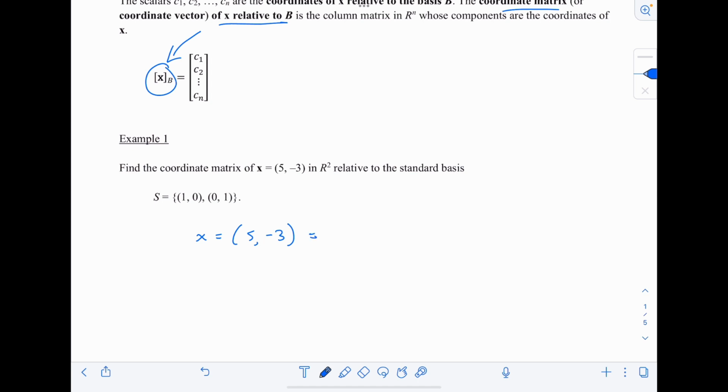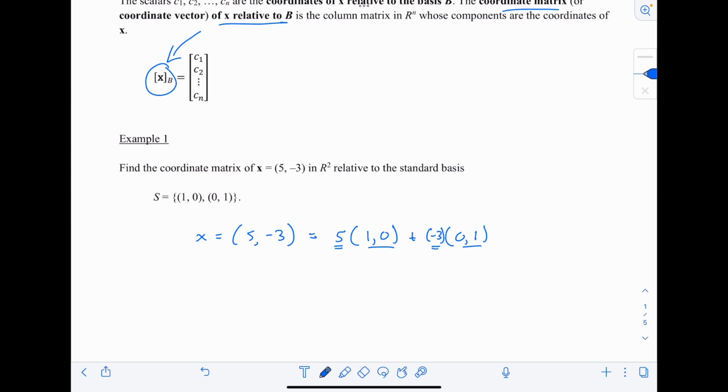I want to create a linear combination from S that is going to give me that vector 5, negative 3. So very simply, if my first vector is 1, 0 in S, and I need to get a 5 out of that, I'm going to multiply that by 5. And then plus, if my second vector is 0, 1, and I need to get a negative 3 out of that, I'm going to multiply that by negative 3. So in other words, we use the vectors in S, and these are my scalars, 5, negative 3.